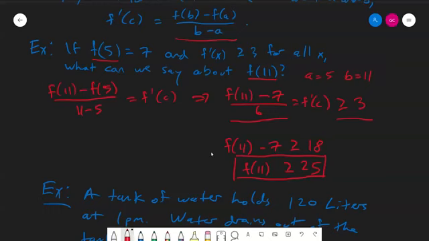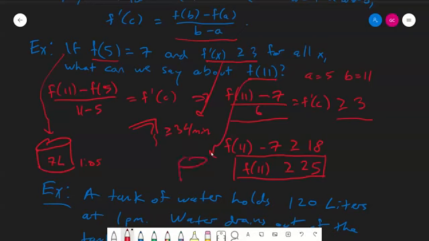I mean, maybe that seems a little bit silly, but you could say, okay, this is saying that at time 5 I have 7 liters of water, that this is saying that I'm adding water into the tank by at least 3 liters per minute. And then this is asking about what the volume of water is at time 11. And you can probably reason about this without really using the mean value theorem.